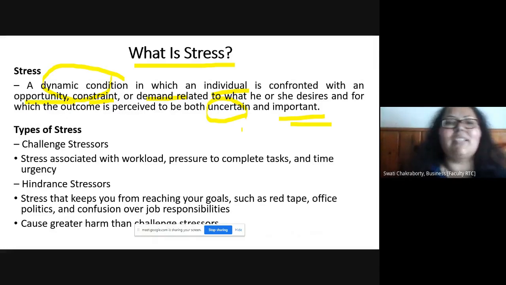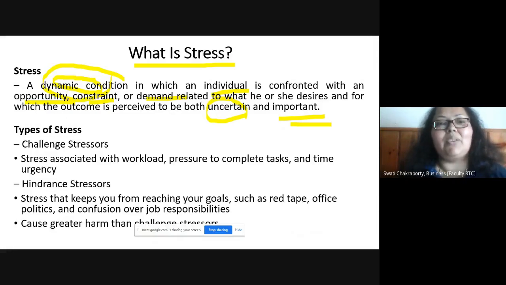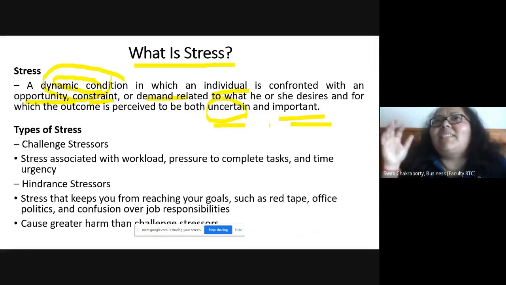That's why it's a dynamic condition. Our mental and physical health change because of new opportunities, hurdles, responsibilities and expectations that we have to fulfill, and we do not know the result. It can go anywhere. So that's what stress is.